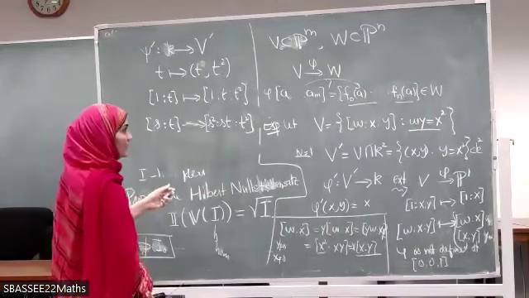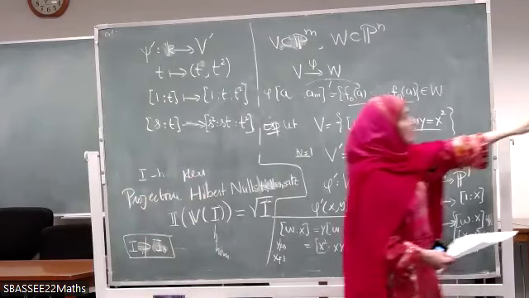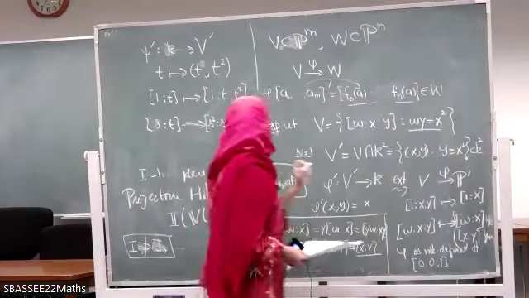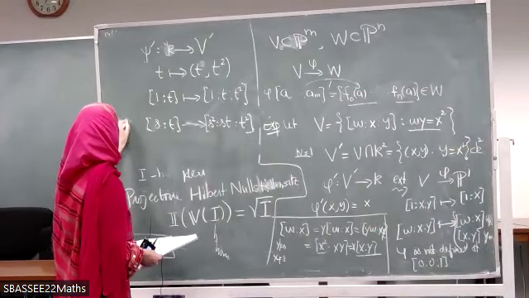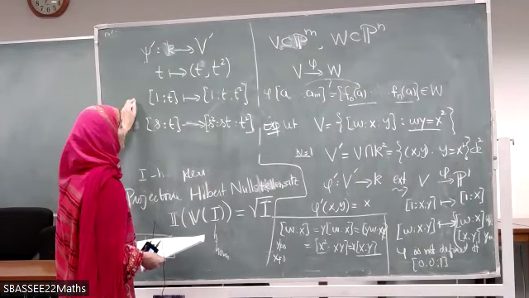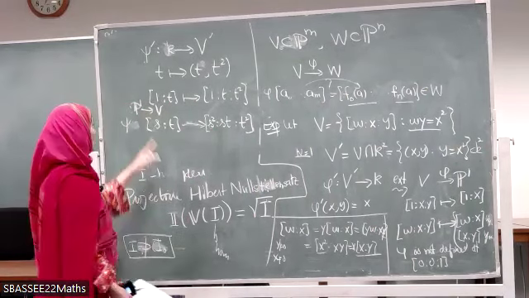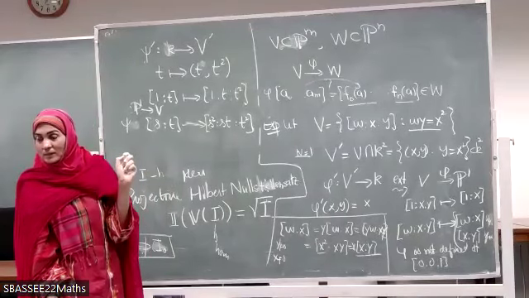Okay, so in this way you can see that this is also a regular map, which we have defined. And this is also a regular map, which we will say is psi from P1 to V, right? And we can see that these are actually inverses of each other.